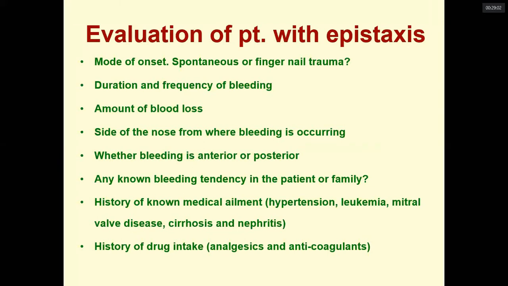Similarly, history of known medical ailment like hypertension, leukemia, mitral valve disease, cirrhosis and nephritis, and history of drug intake, analgesic or anticoagulant. So basically, we are trying to look out for the cause of epistaxis, and meanwhile looking for the cause of epistaxis, we are also trying to manage the case.